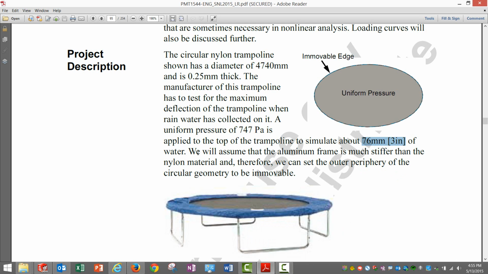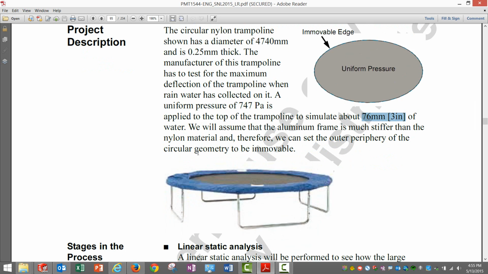If this trampoline is subjected to 3 inches of water, it should be safe enough, it should not break. That is what the entire testing is all about.